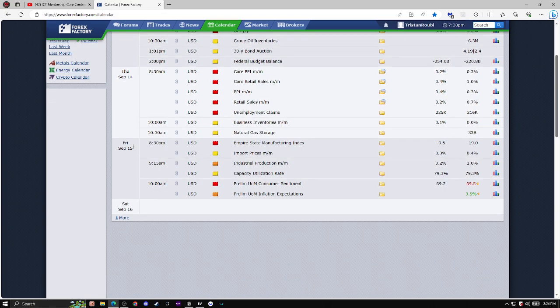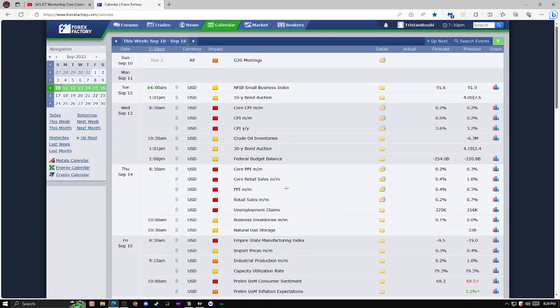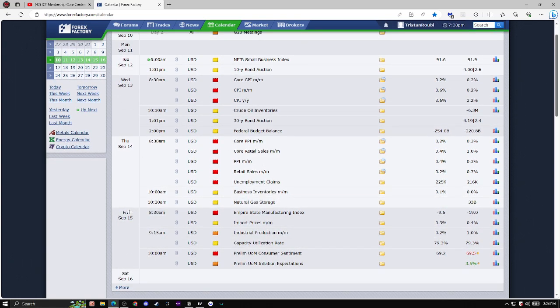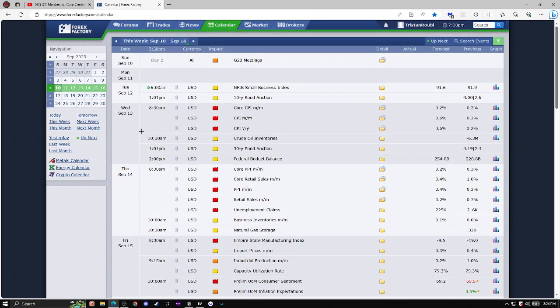And then we end the week with Friday, with Empire State Manufacturing Index and Prelim UoM Consumer Sentiment. So from Wednesday to Friday, I will very likely not trade, and from Monday to Tuesday I probably will trade.